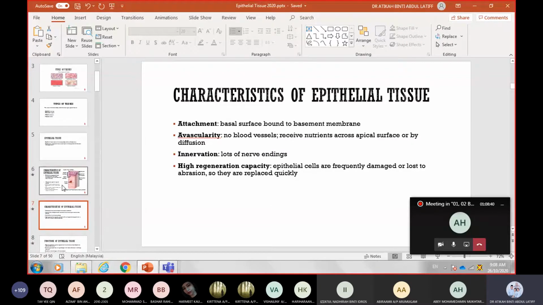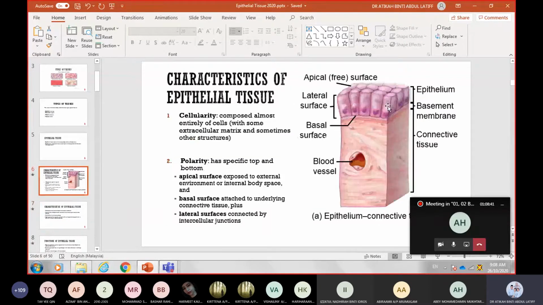So this is important because you imagine this is the first surface of any structure or lining of the human body. It is easily injured, and this is the first form of protection of the structure.